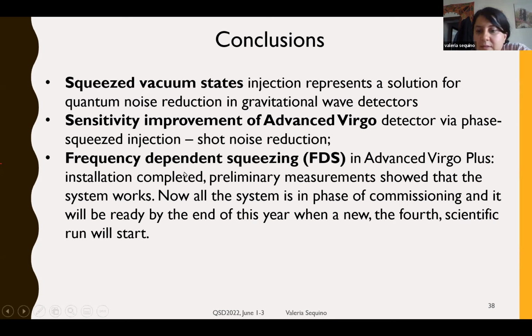Concerning the frequency dependent squeezing in Advanced Virgo Plus, I can say that the installation is completed, that preliminary measurements showed that the system works, and now the whole system is in the phase of commissioning and it will be ready by the end of this year, when the fourth scientific run will start.